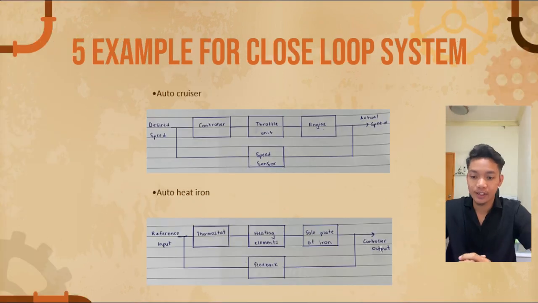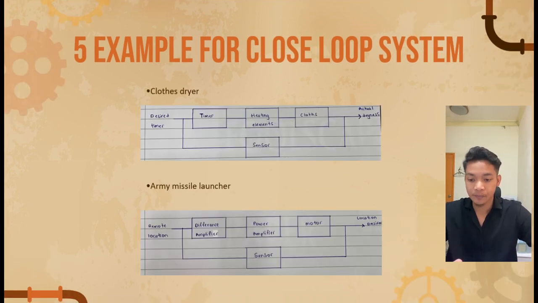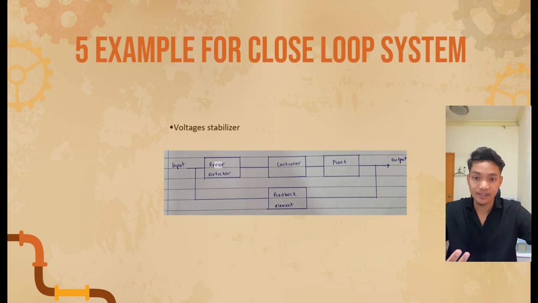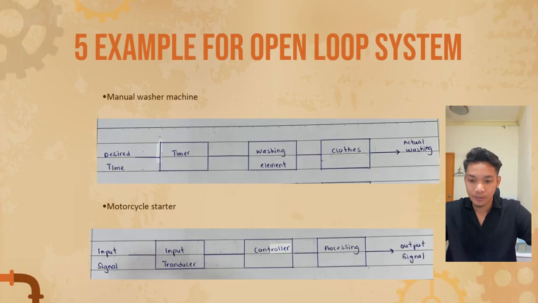So firstly, we have closed loop systems, which are the auto cruiser, auto heat iron, cloth dryer, army missile launcher, and lastly the voltage stabilizer. These all have feedback, not like open loop systems that don't have any feedback. So we continue with open loop systems.